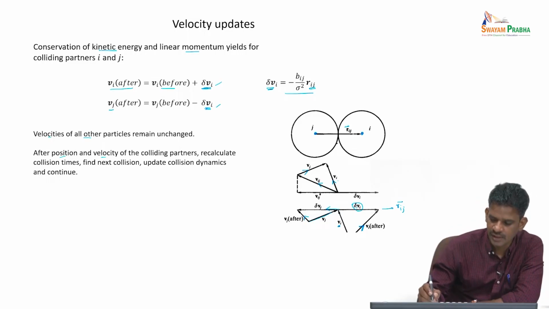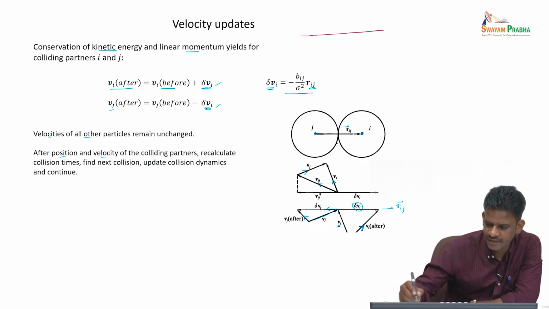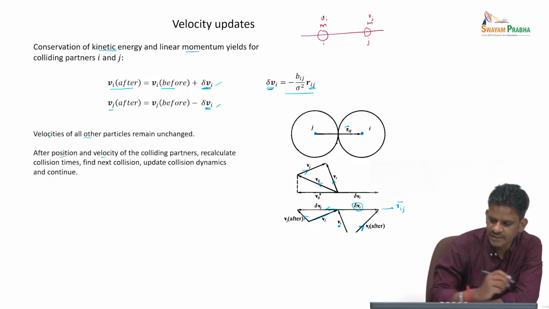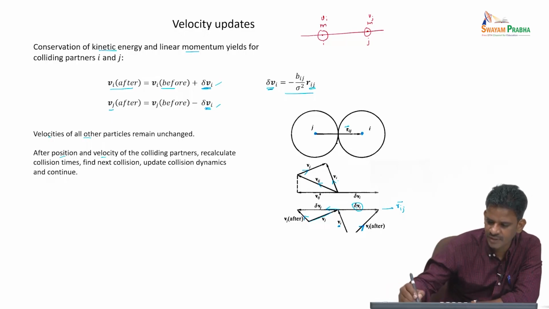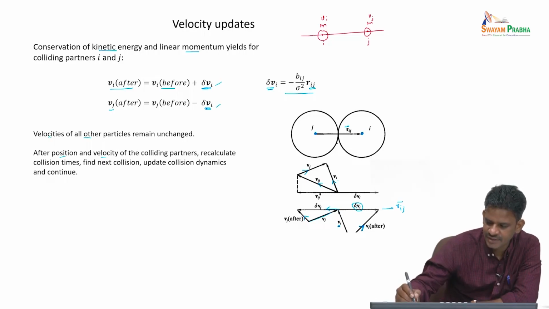Yeah. So what you can do is to see this principle, you can take a one-dimensional model. You take a particle i and particle j, with mass m and velocities vi and vj, and if you look at the conservation of momentum and kinetic energy, you will see that after collision vi prime will be equal to vj, and vj prime will be equal to vi.